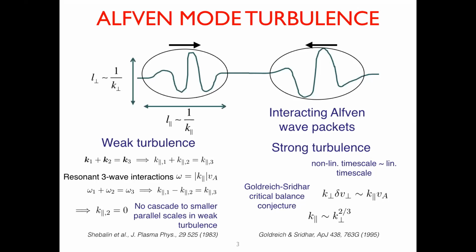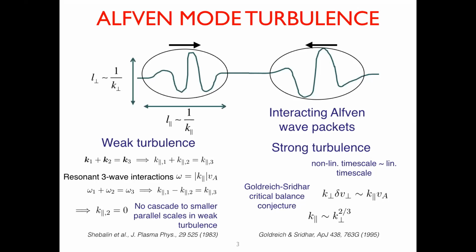Physically, this means you will not cascade energy to smaller scales in the parallel direction. So if you have a wave packet with L parallel and L perp, L parallel will not decrease, only L perp will decrease, because the cascade is anisotropic and only goes in the direction perpendicular to the magnetic field.